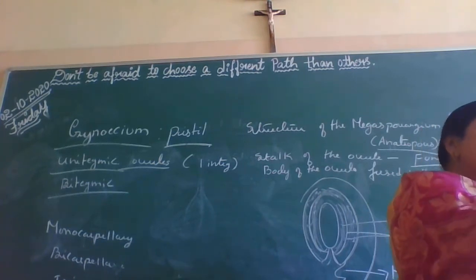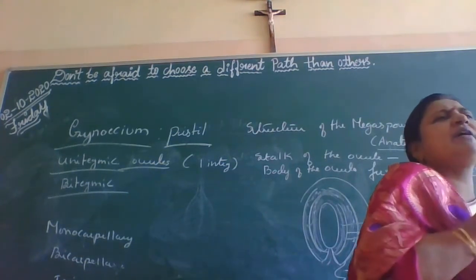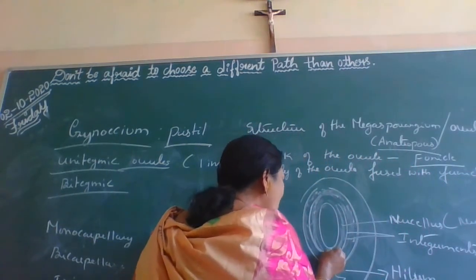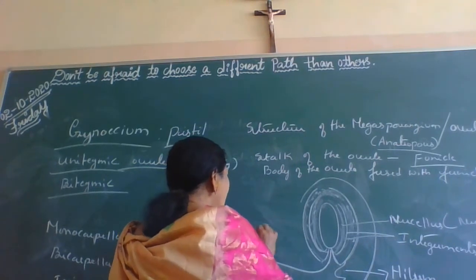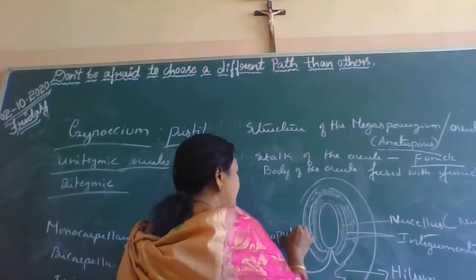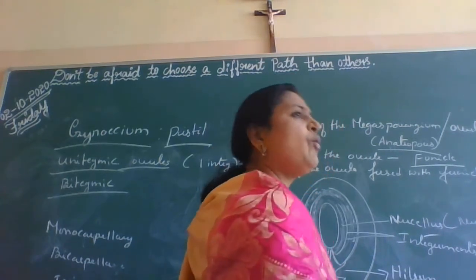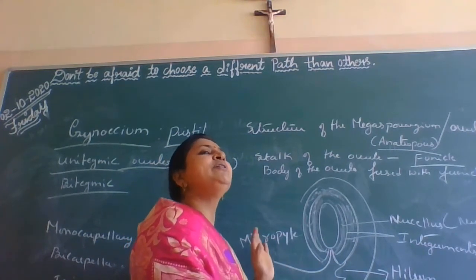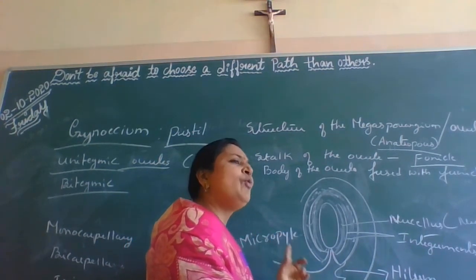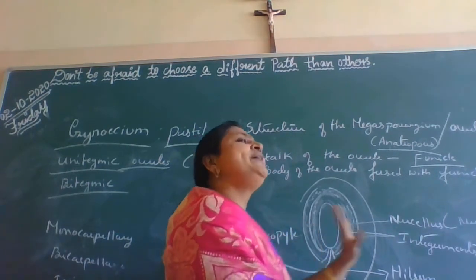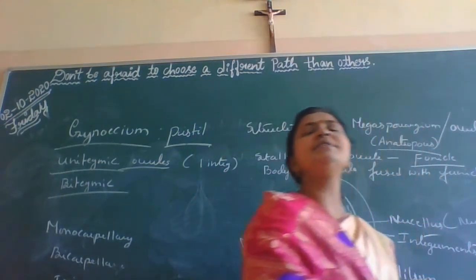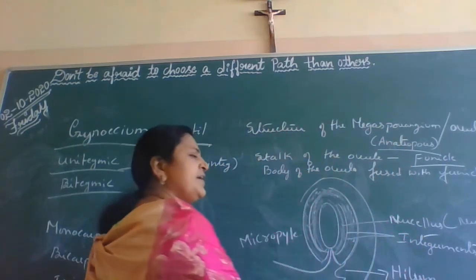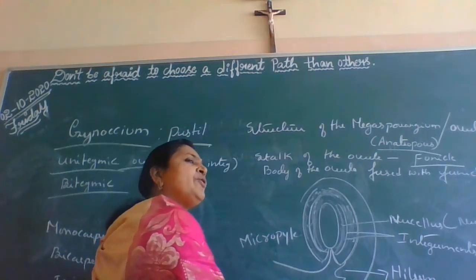So in that absent region, that leaves a small or minute opening, and this opening is called as micropyle. Micro means small, pyle means opening. What is micropyle? It is the site of the ovule where integuments are absent. That region is called as micropyle.